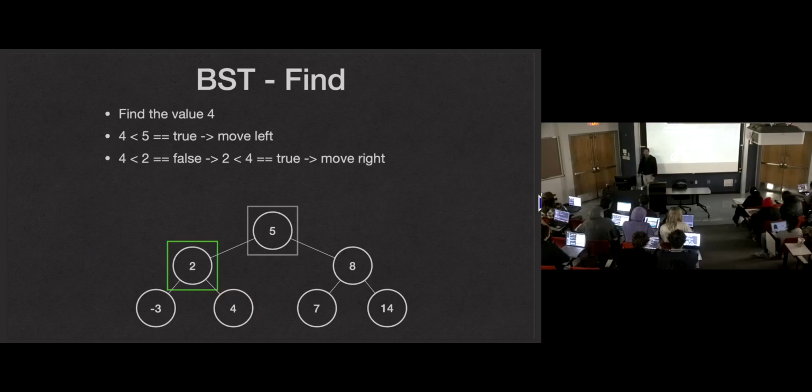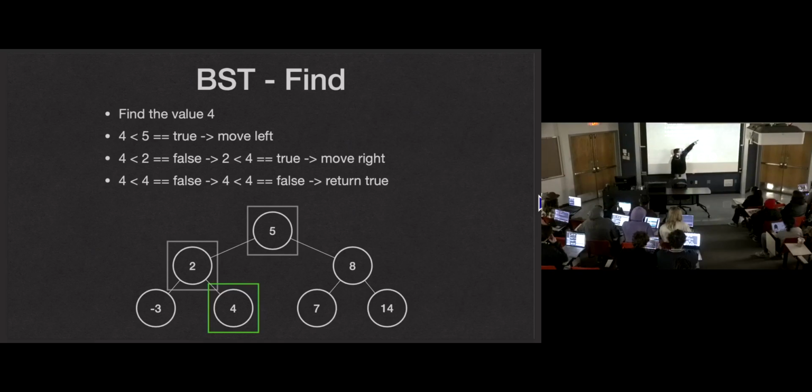Then to the right, we're going to say, does 4 come before 4? It's going to say false both times, so we know that we have an equivalency here according to the comparator, and we're going to return true here. So we said, less than, move to the left, greater than, move to the right, equivalent, return true.